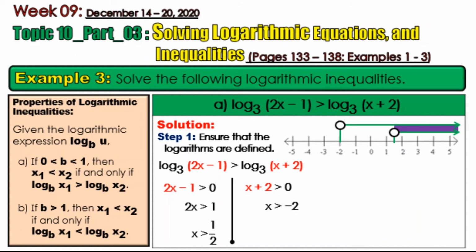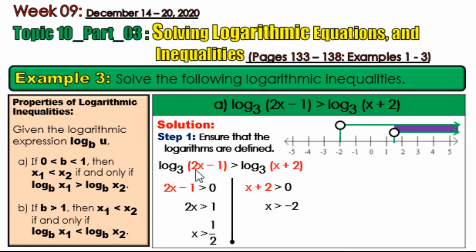And the intersection of the two intervals must be x is greater than 1/2. Okay, so we cannot use x equal to negative 1 because if we have negative 1 for this one, your argument will become negative.